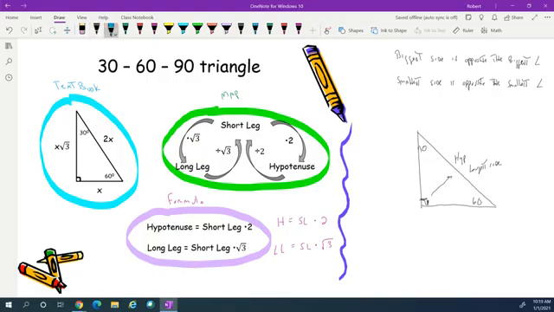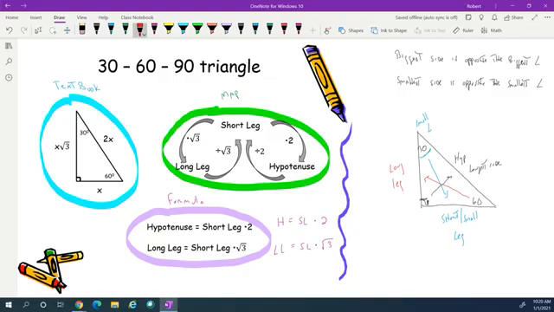Well, look at the two angles that are left over. 30 is the smallest angle, so this is the small or the short leg. 60, this is going to be the longest leg. The smaller angle is opposite the smaller side. So call that the small leg or the short leg, whatever works for you. These are my terms because they work for me, and I think they're very simple to understand. Short versus long.